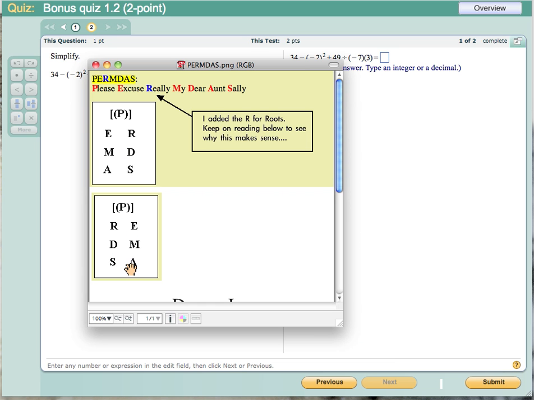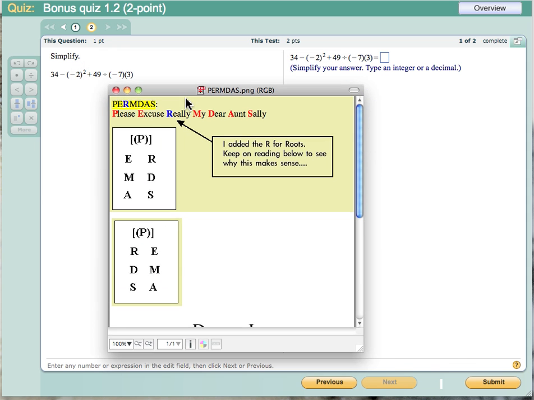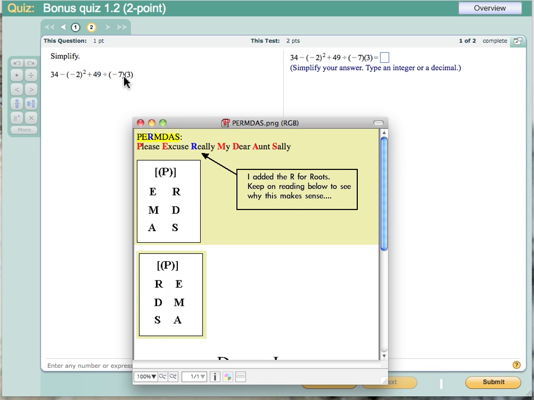They're on the same level. And so since they're on the same level, they have the same power. And so what order you do them in depends on, as you read them from left to right, whichever comes first is the one you'll do first. And that's going to have importance in this problem where we have this division and this multiplication. As we go left to right, the division appears before the multiplication, and so we'll do this division first.